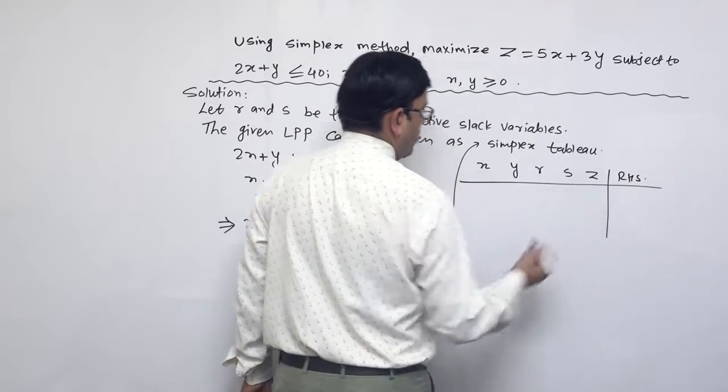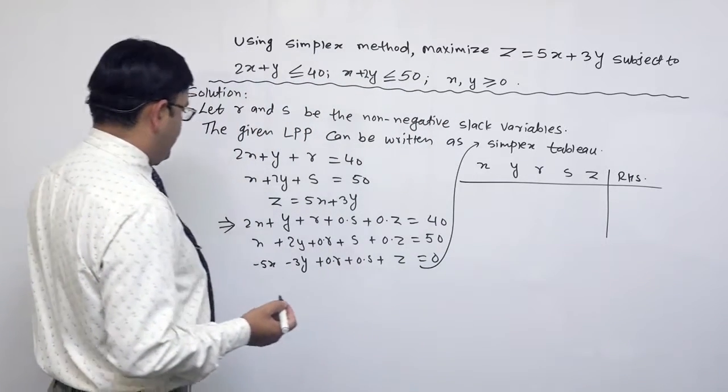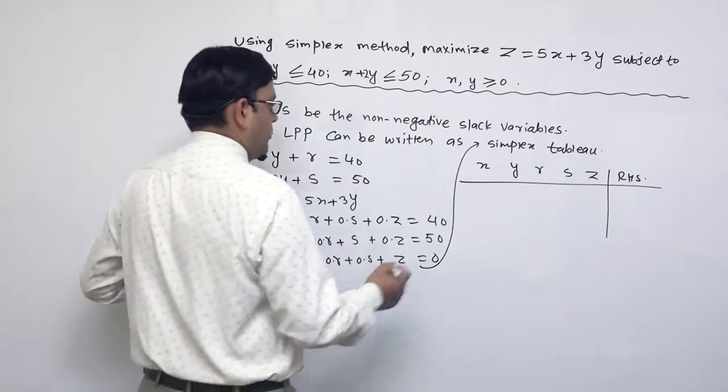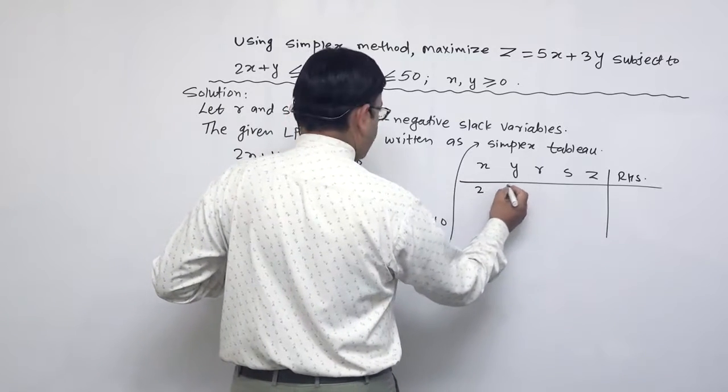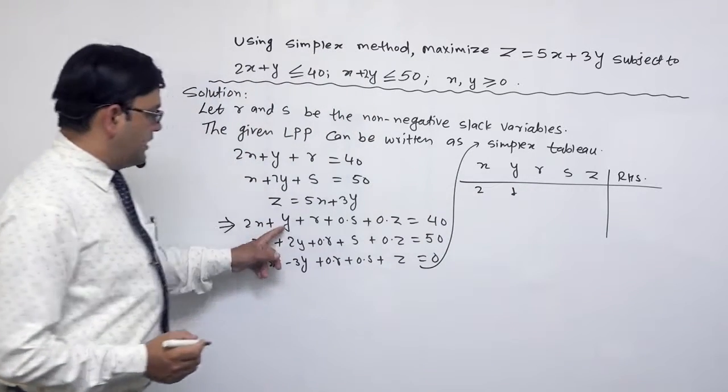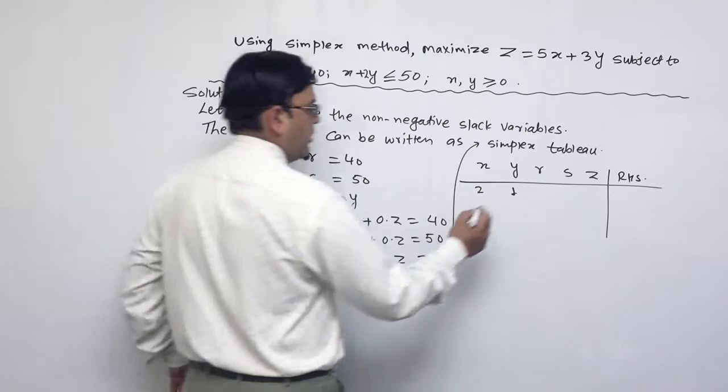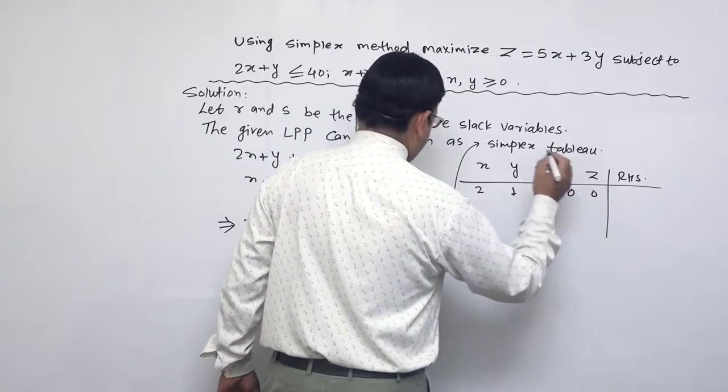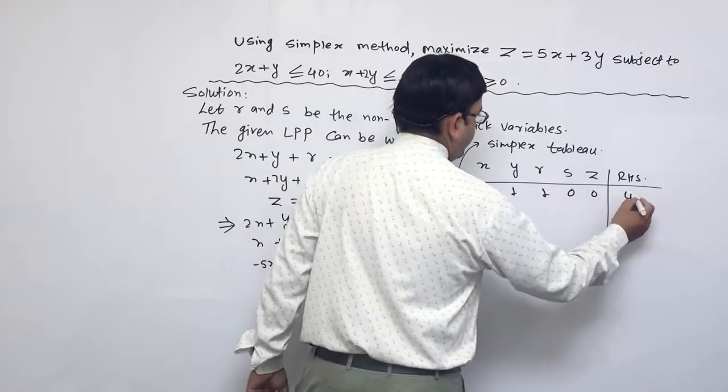The coefficient of x is 2, then 1, then r is 1, s is 0, z is 0, and RHS is 40.